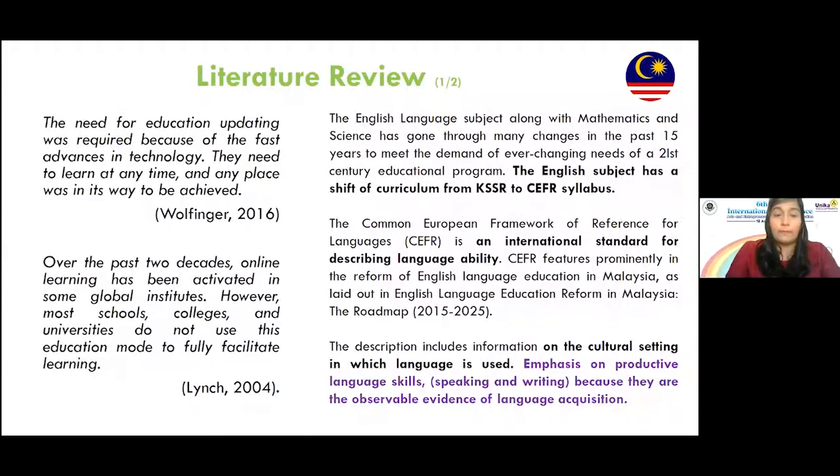But over the past 2 decades, online learning has been activated in some global institutes. In Malaysian schools, we do use online learning, but it is only as a substitute. It is not to fully take over, but just to substitute a little bit of learning.